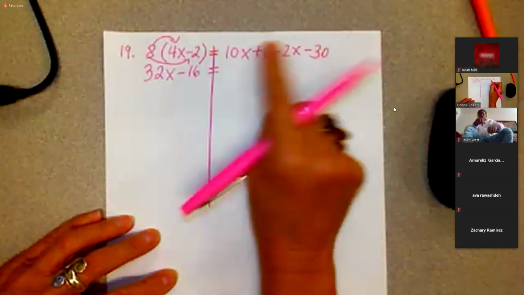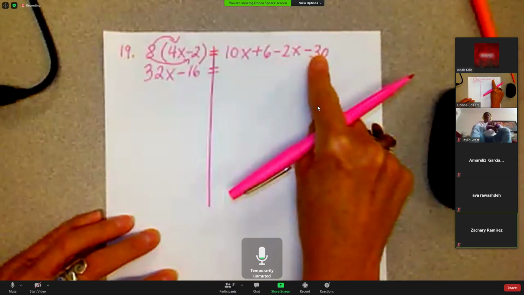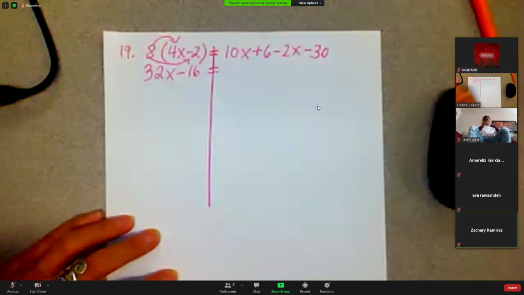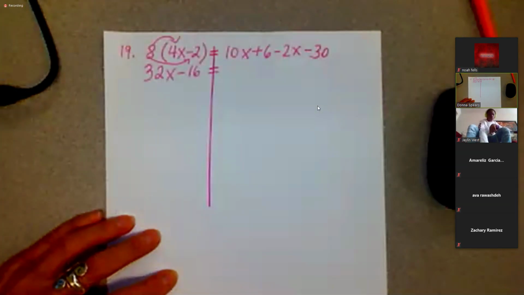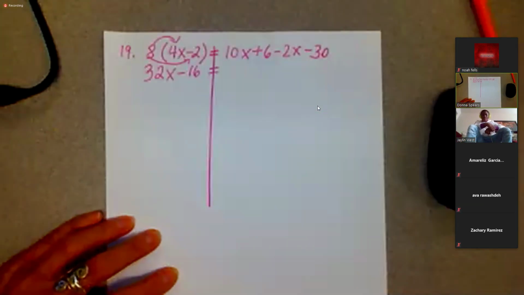Thanks. Okay, so over here, we're going to what? Subtract 2x from both sides. Jalen, are you with me, buddy? Are you writing your notes? Okay, so can you tell me what I need to do over here?